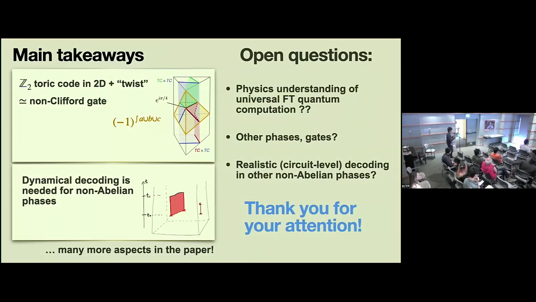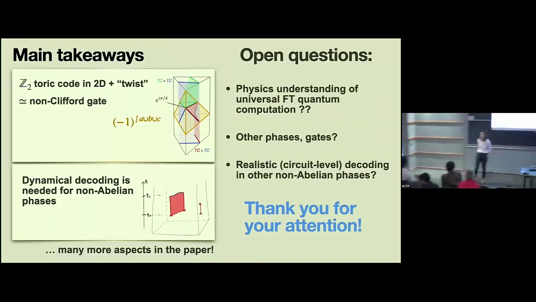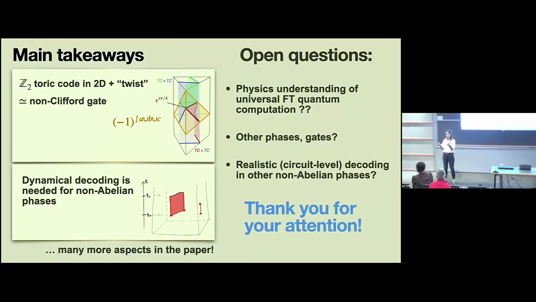So I think there is a caveat with measurement errors, because they're doing a phenomenological noise model, assuming that you know where the anyons are. That's as far as I understand their work, because I don't understand it really well. As far as I understand, they have a phenomenological noise model where you assume there is some distribution of anyons and then you match those. I don't know if we can show that that works for circuit level noise, but maybe we can.